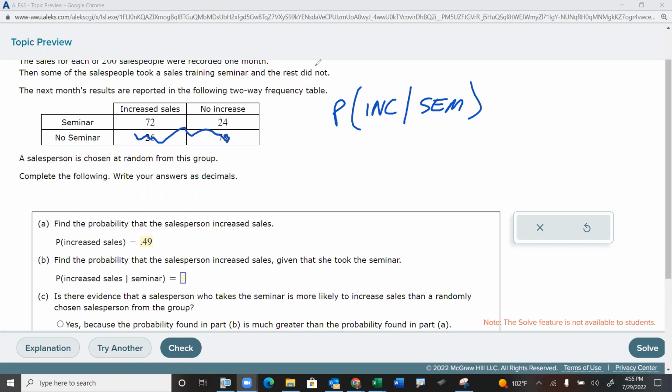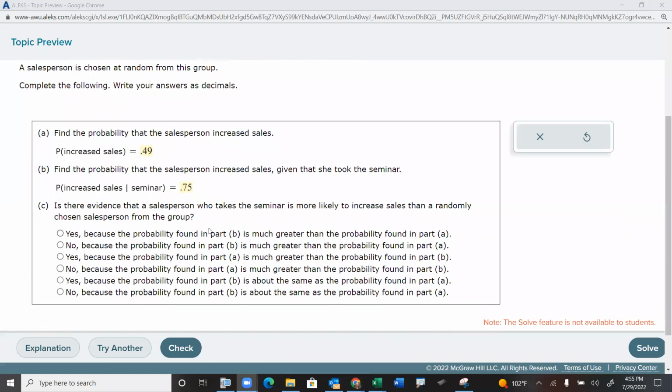We're just looking at the seminar people. And how many of them increased sales? Well, 72 out of 96, that's 72 plus 24. And that's going to be 75% of the people. Very cool.